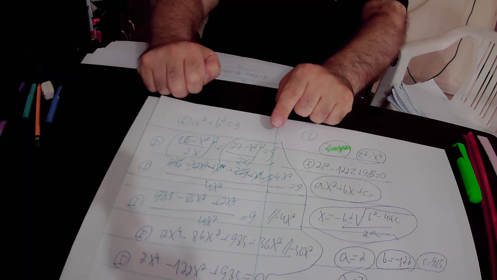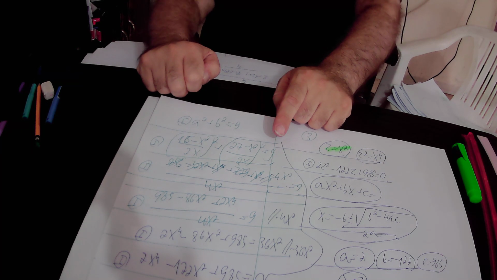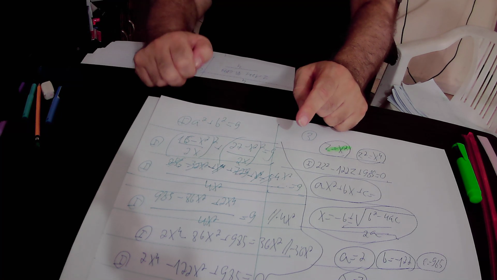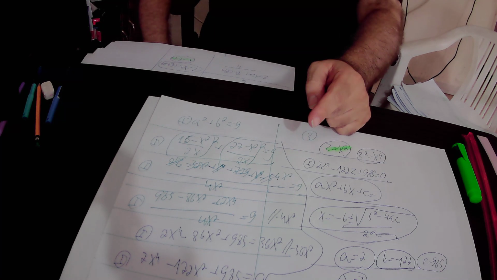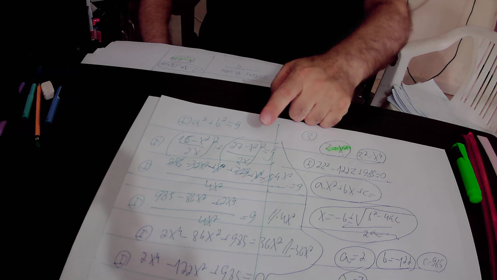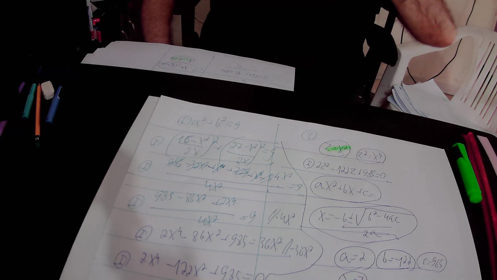We did it and we got that (27 minus X squared) squared equals 27 squared, that is 729, plus X squared squared that is X to the power of 4, minus 2 times 27, that is minus 54X squared. All divided by 2X squared, and 2X squared is 4X squared, that is equal to 9.